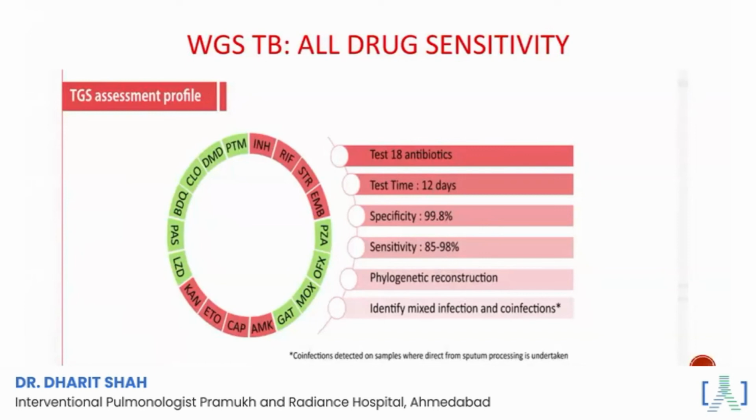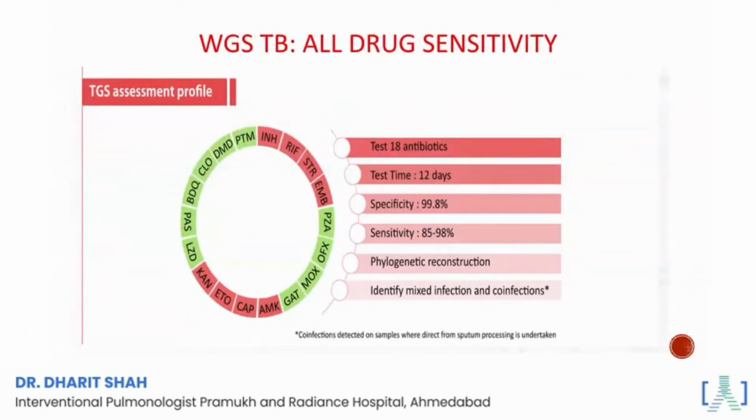But to overcome the limits of that investigation, WGS covers each and every available drug used to treat tuberculosis, and you can get the report. It tests 18 different antibiotics. Test time is only 12 days. It is 99.8% specific and 85 to 98% sensitive, which is a huge number. It can also identify mixed infection and co-infection.